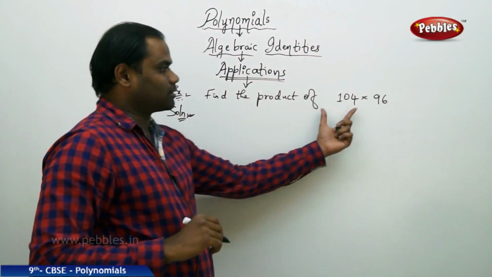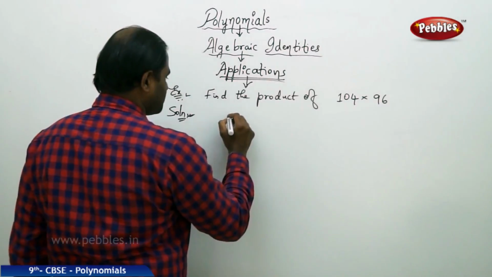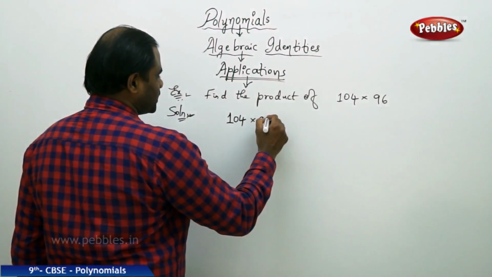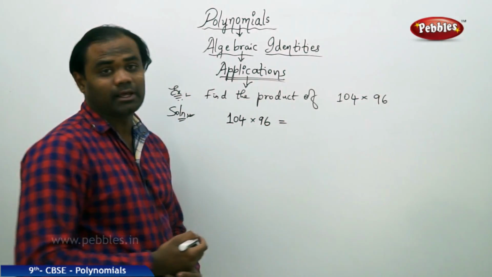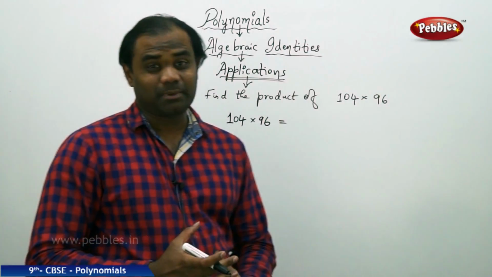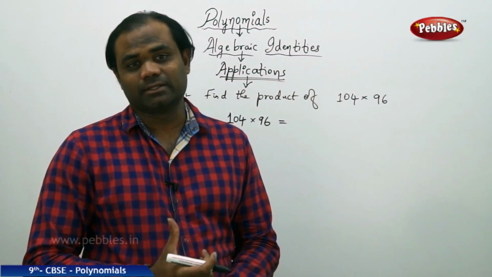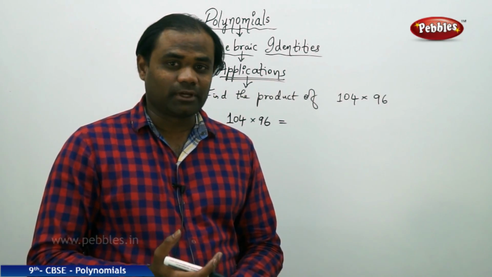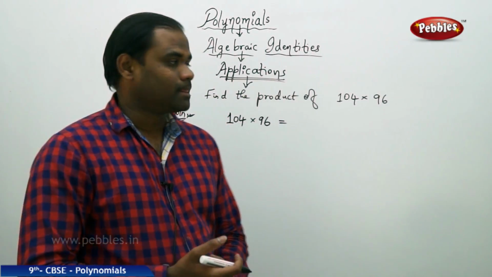Let's take the given product which needs to be simplified. I have this to be 104 times 96, which I need to multiply. In order to do this, I try to express this in one of the algebraic identity forms so that I can use it as a formula, and then the simplification becomes easier.